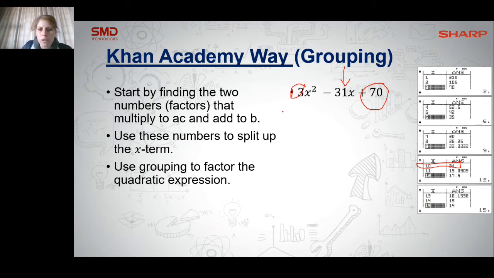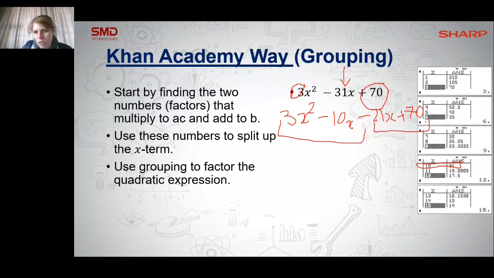So what we do is we just split this into minus 10x and minus 21x plus 70. And then we use grouping. I'm going to group the first two together and the second two together, just because I can. For the first two, I'm just going to take out an x, and I'm going to be left with 3x minus 10.